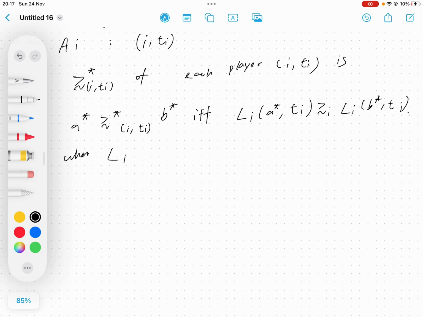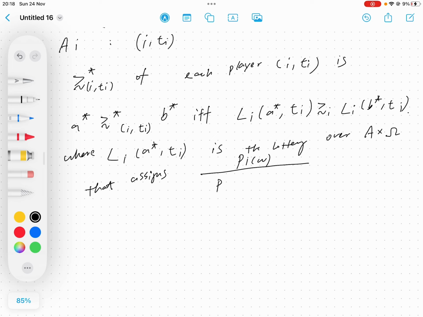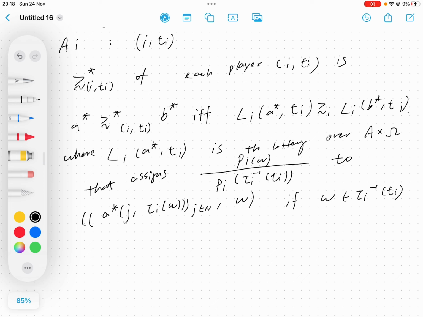And this L_i a star t_i is a lottery over A cross omega that assigns this posterior probability, which we just derived using the Bayes rule, pi omega over pi tau_i inverse t_i, to this action a star, player j, tau_j, omega, for all the j's and omega, if omega is in this tau_i inverse t_i, and zero otherwise.